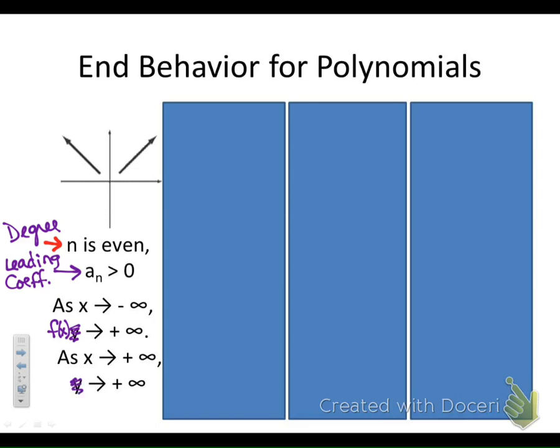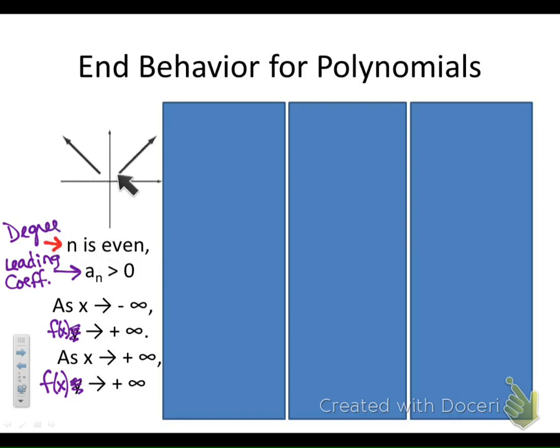There's some typos here. End behavior: as we move left on the graph, then we should be going up. And as we move right on the graph, we should also still be going up. So if your degree is even, we should be going up and up.